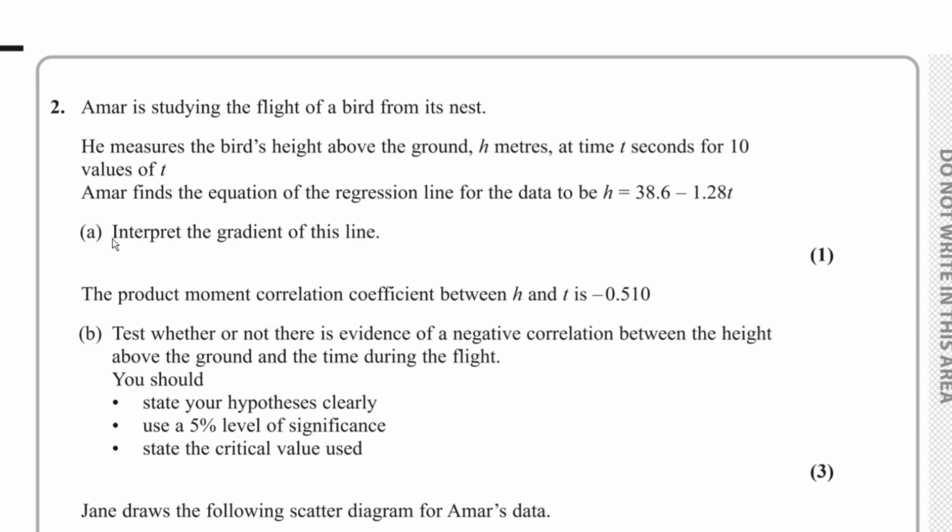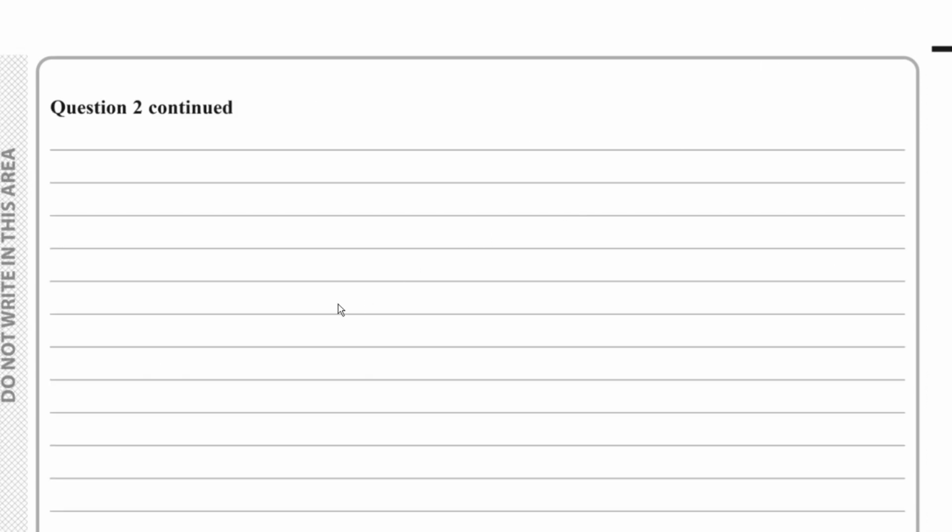Part A. Interpret the gradient of this line. The gradient is given by negative 1.28. Hence, for part A, the gradient would represent the height h, which decreases by about 1.28 meters for each second of the flight.